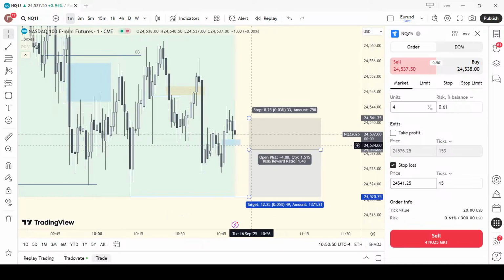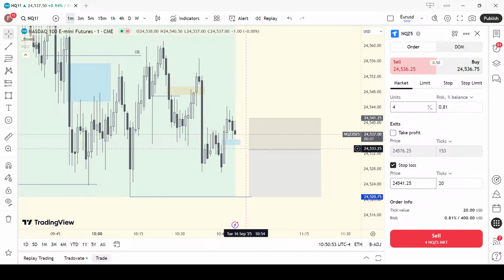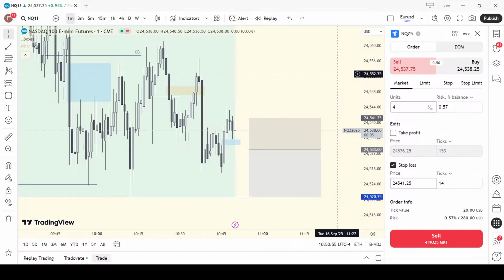Bit of uncertainty here currently with this candle, which I don't like. I don't like taking trades when price is uncertain.